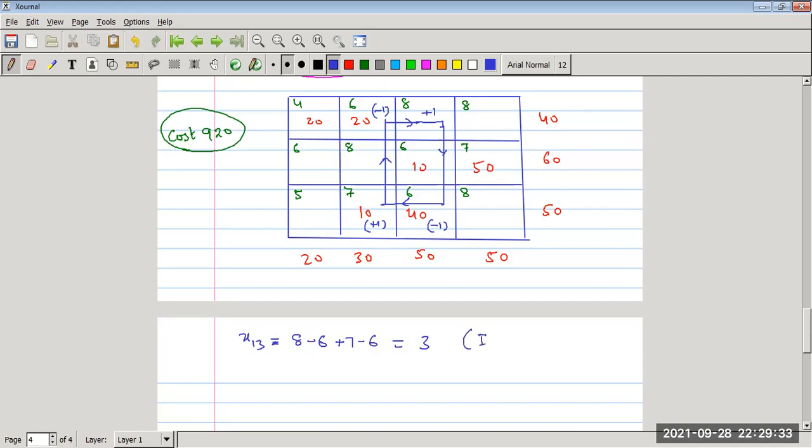So cost is increased by 3. So we never opt for this non-allocated position, because here the per unit cost is increased by 3, right? So now again we move to the next point. So X13 is increased by 3.